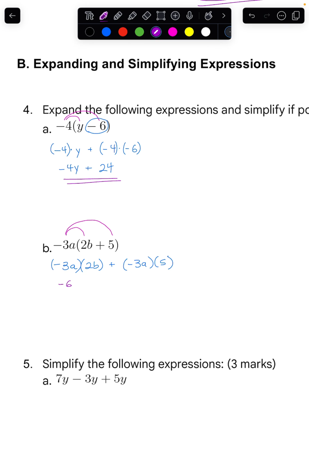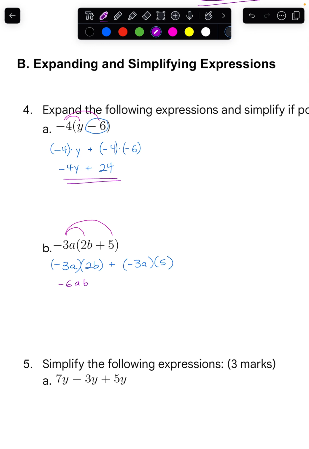They're still there. So -3a is -3 times a, and 2b is 2 times b. We're just reordering things, really. But the a and the b remain, and we get negative 6ab. And that term negative 6ab is just negative 6 times a times b. And the a and the b don't go away.